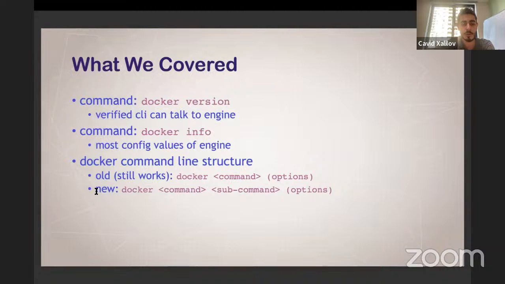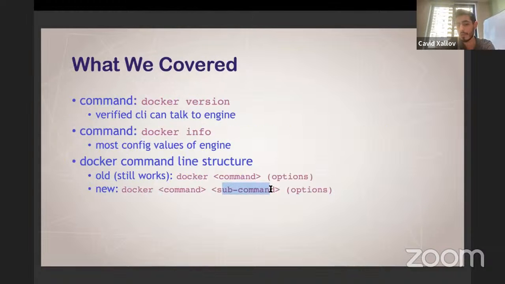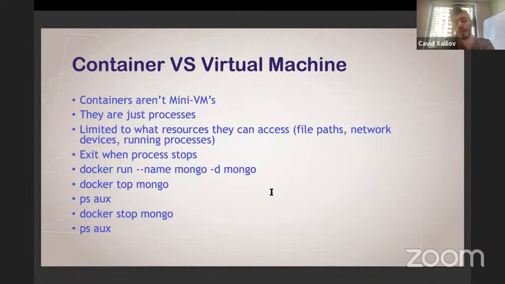And from 2015, Docker went to the new version, where you write docker, then the command, and after it the sub-command you want. We'll talk about it and show how it works. For example, if you want to work with containers, you will write container and then some sub-command here. But we should talk about the difference between containers and virtual machines.